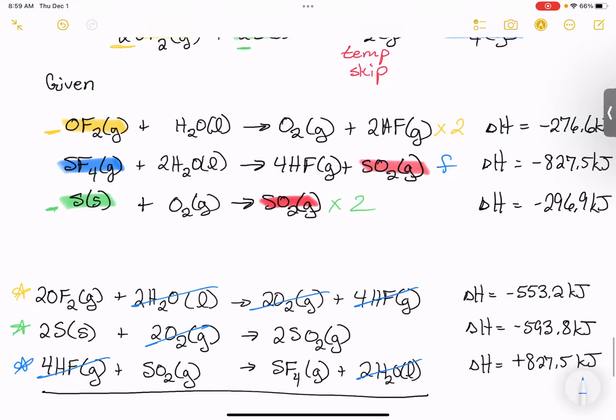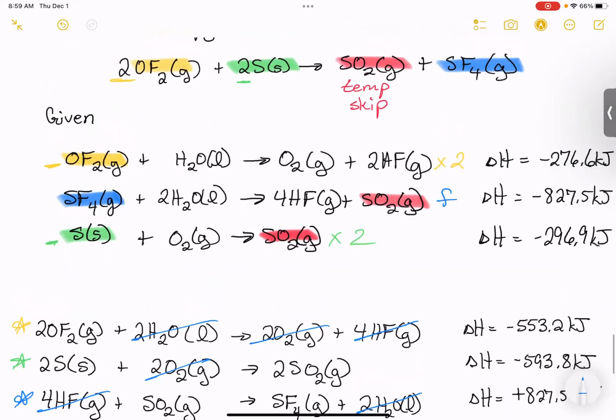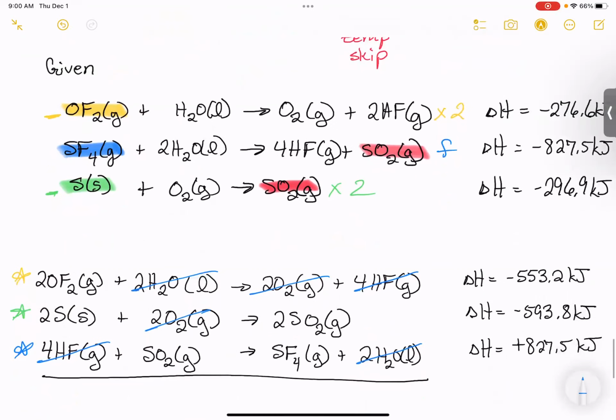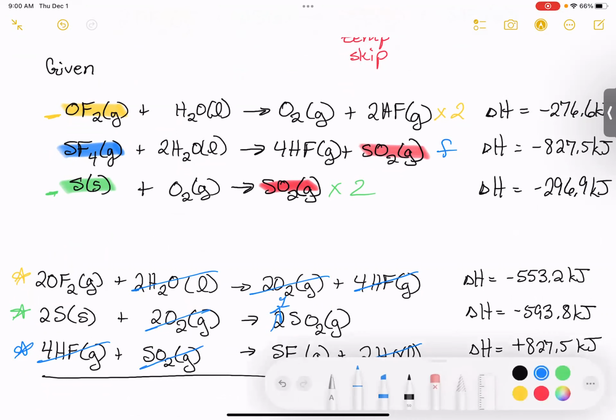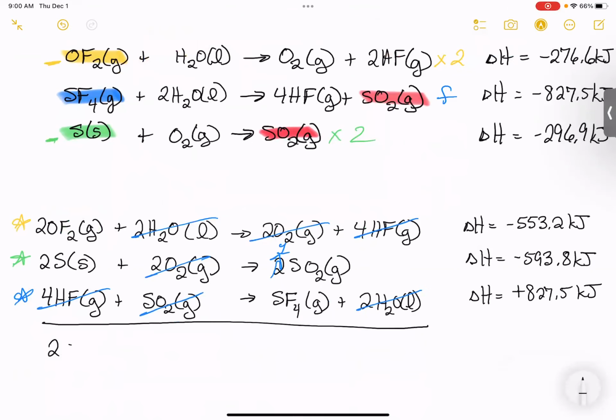Where are my sulfur dioxides not canceling? Oh, no, they shouldn't cancel. One of the sulfur dioxides cancels out, leaving one left over. And so this reaction becomes 2 OF2 gas plus two sulfur solids goes to form SO2 gas plus SF4 gas.